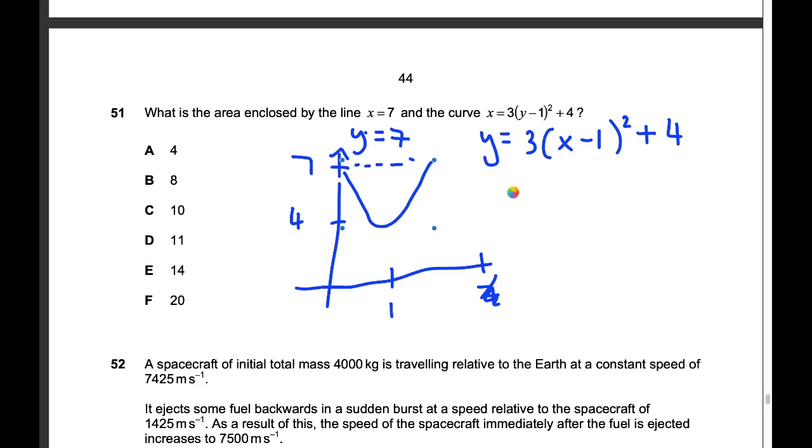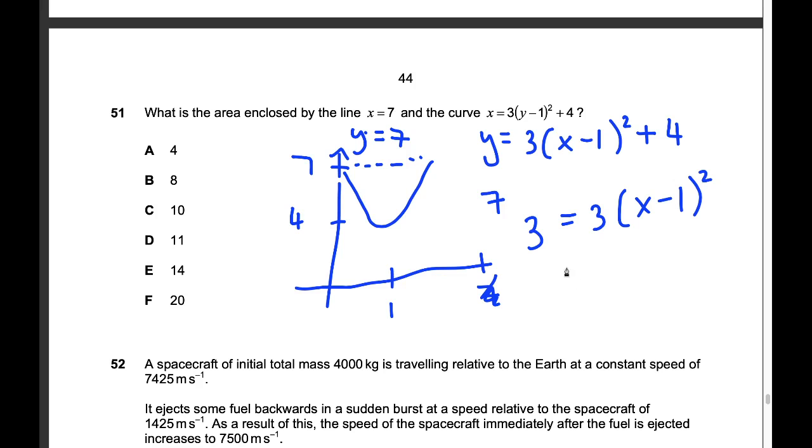So when else is this going to be 7? We can solve that by putting y is 7 into this equation. If I take away 4 from both sides, that gives 3 equals 3(x minus 1) squared. So (x minus 1) squared is going to equal 1. So x minus 1 is equal to 1 or minus 1.